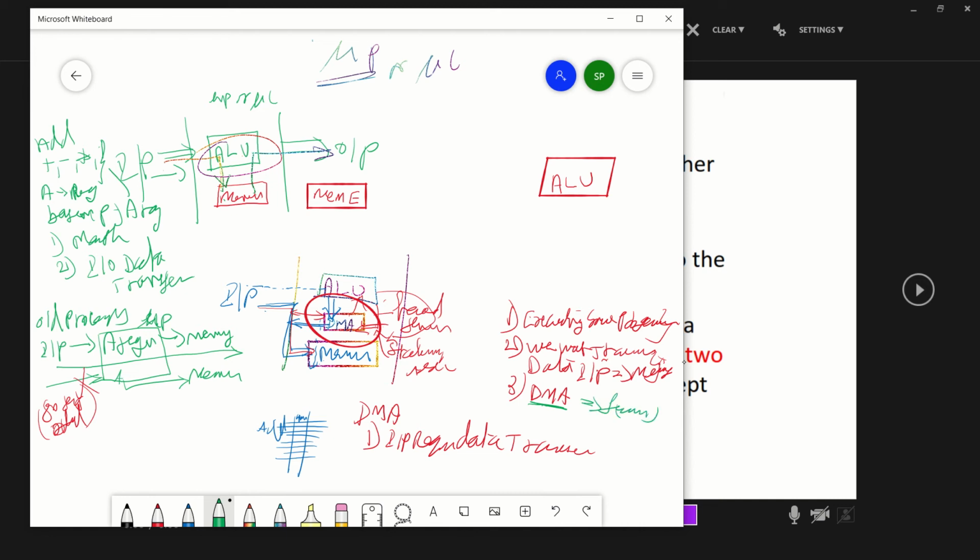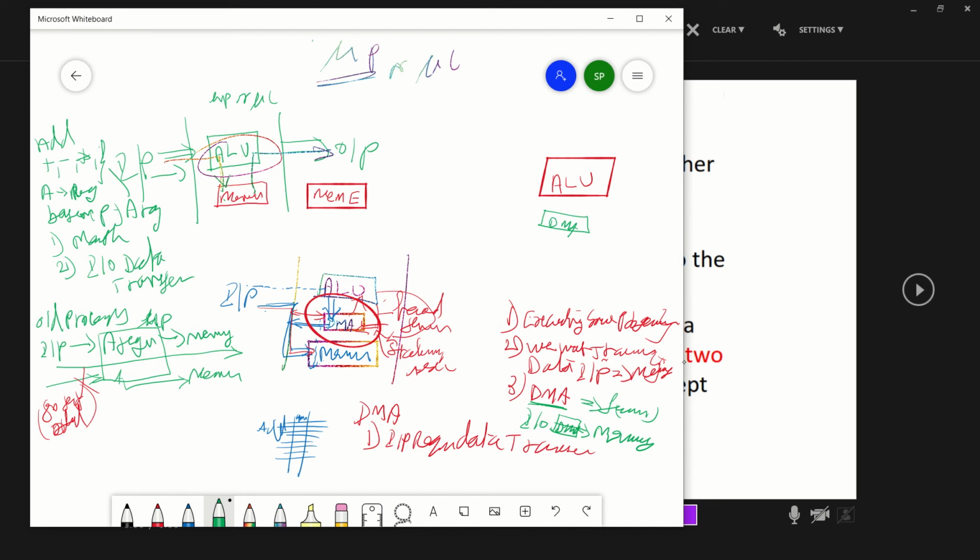It can transfer data directly from IO to memory. So the DMA chip is available here, DMA, direct memory access.